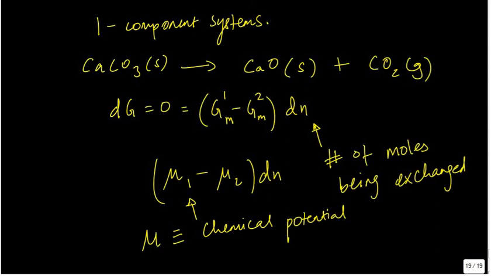As the name suggests, it's a chemical potential, it's kind of a potential. So if one of the mu's was lower, say in phase 1 it was lower, and in phase 2 it would become higher, then things would start to flow towards phase 1. Right? dG is negative, so the process is spontaneous. So when you have equilibrium, your chemical potentials in the various phases everywhere are going to be equal.